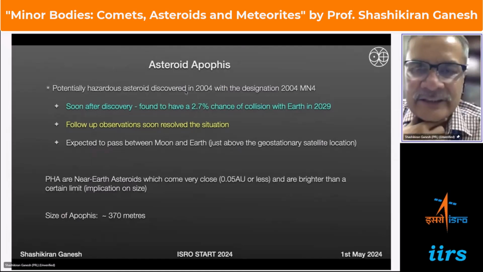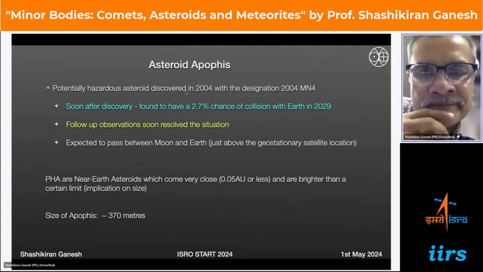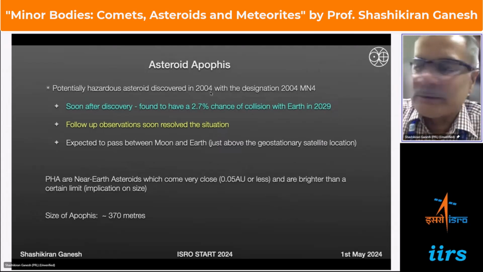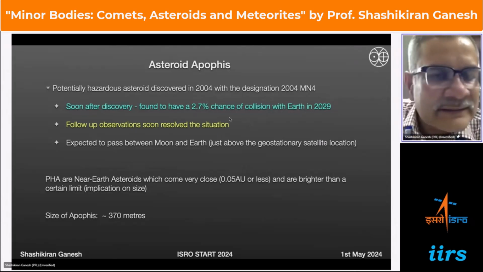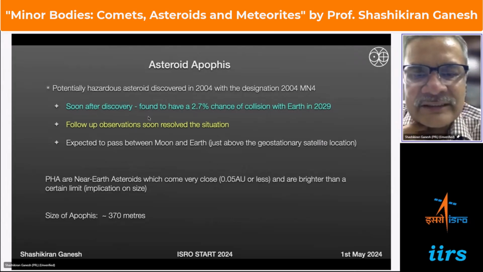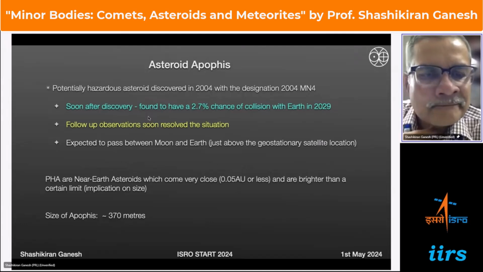So as I was telling, asteroid Apophis is an interesting object. It's a potentially hazardous asteroid, which was discovered in 2004 with the designation 2004 MN4. Soon after discovery, within a few weeks, it was found that there is a 2.7% chance of collision with Earth in 2029.